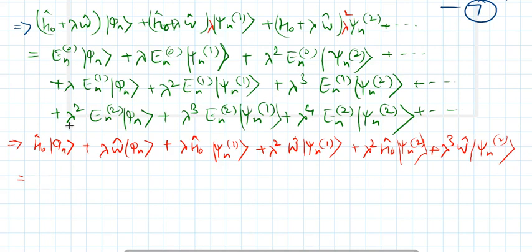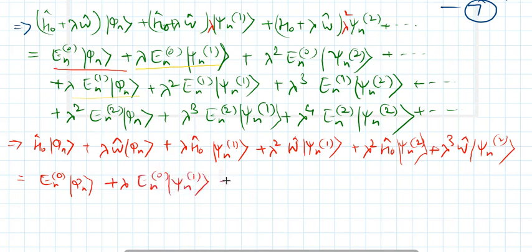only one term, En naught phi n. Then lambda terms: there is one lambda term and there is another lambda term, right? Only two lambda terms are there, so I can write these together as lambda times (En0 psi n1 plus En1 phi n).